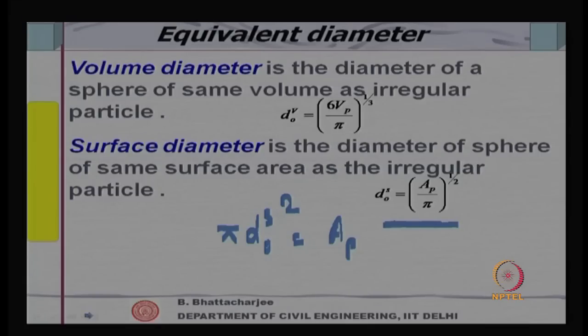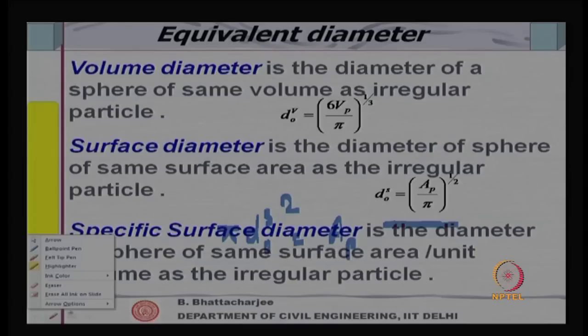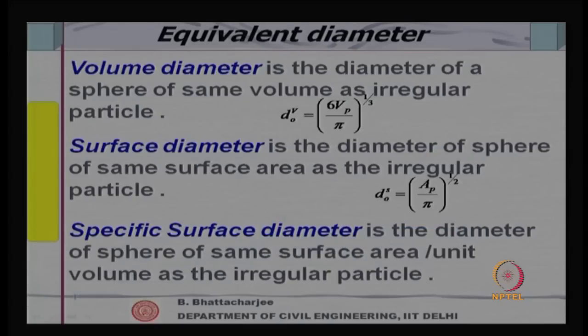So, we can define diameters in this manner: surface diameter and volume diameter, and then the specific surface diameter, which is the diameter of a sphere of the same surface area per unit volume as an irregular particle. This is called specific surface diameter.